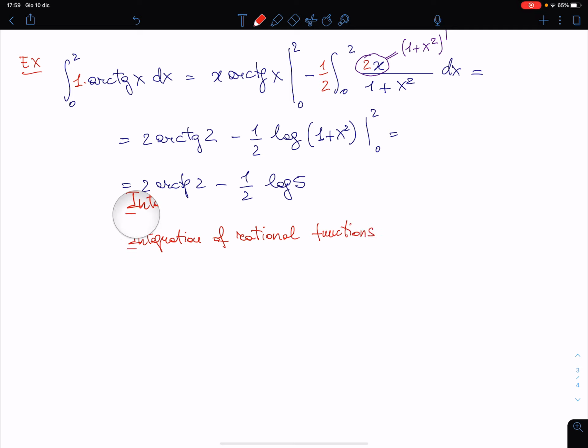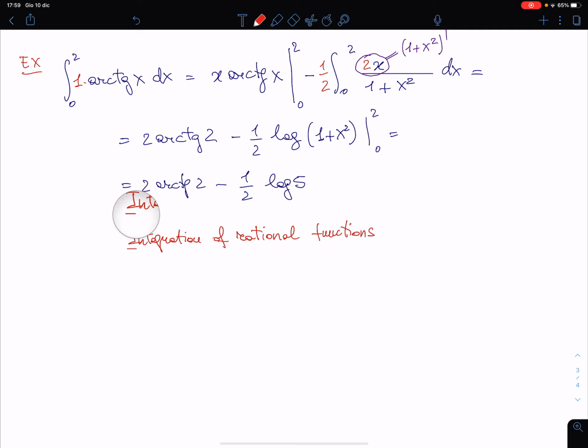So we use the same formula as before, but for the variable y. Very easy. Now we substitute y with 1 plus x squared, so y is x squared plus 1.